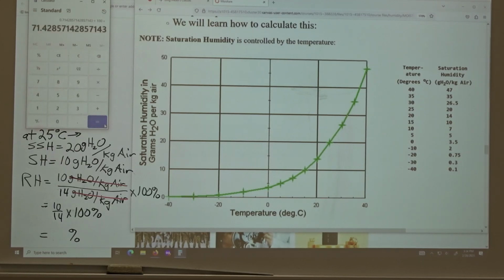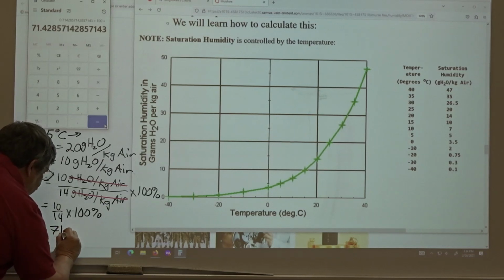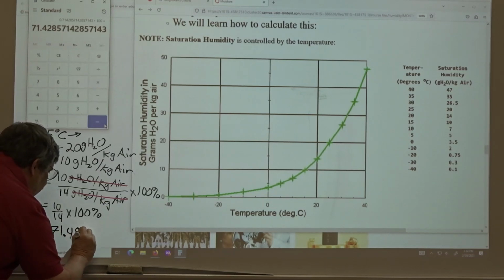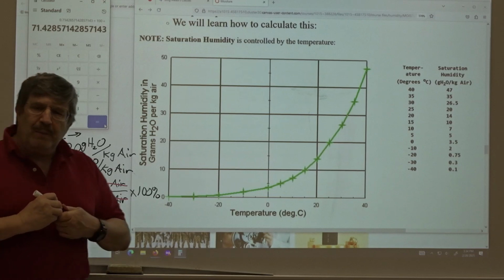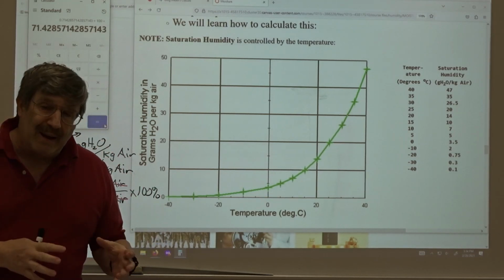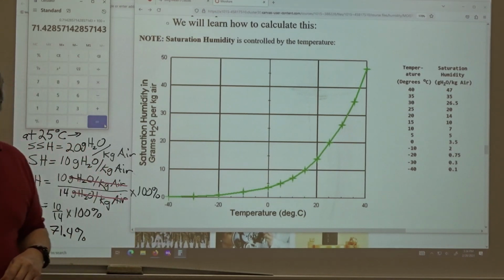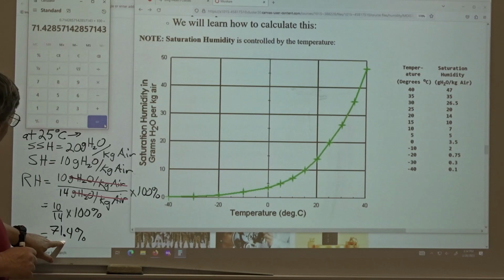That gives us 71.4%. So simply by changing the temperature, we haven't changed the amount of water in the atmosphere, we've just changed the saturation humidity, and we've increased the relative humidity from 50% to roughly 71%.